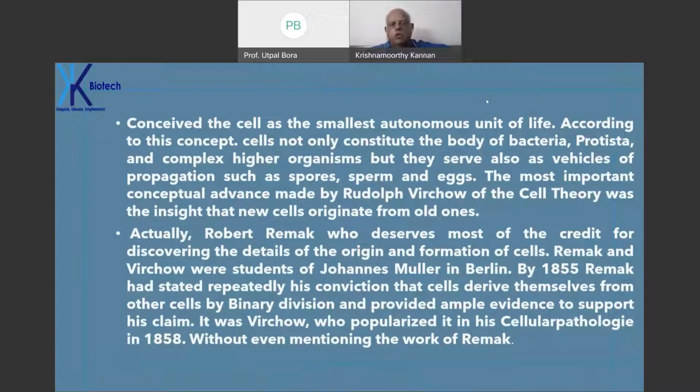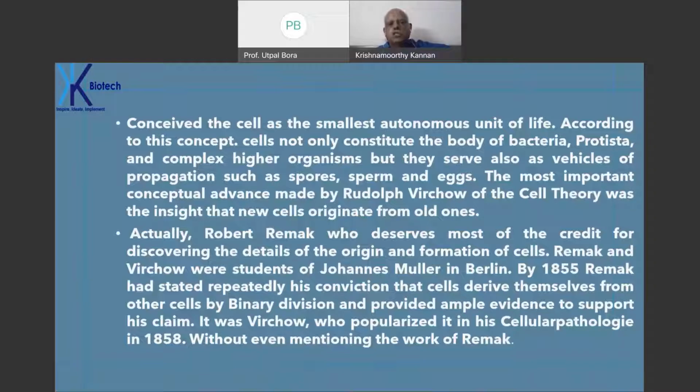So basically what we are trying to say is that progress in any field is happening. There are three principles on which all our modern biology stands. One is to conceive the cell as the smallest autonomous unit of life. So for life to occur, you need a cell.